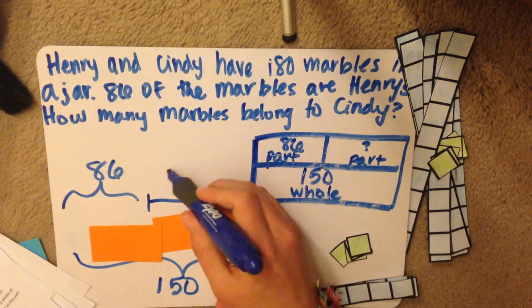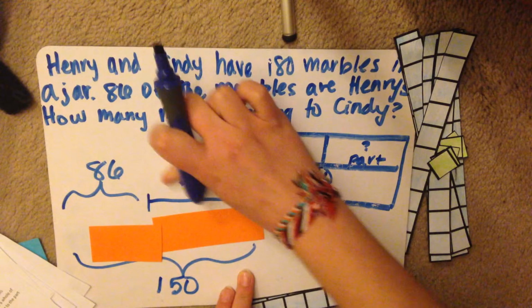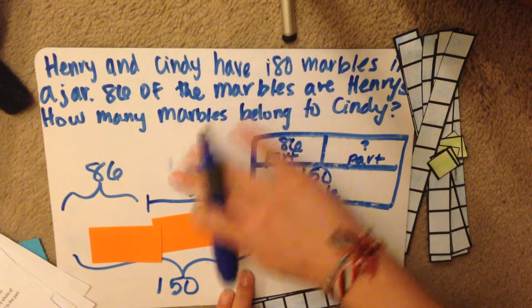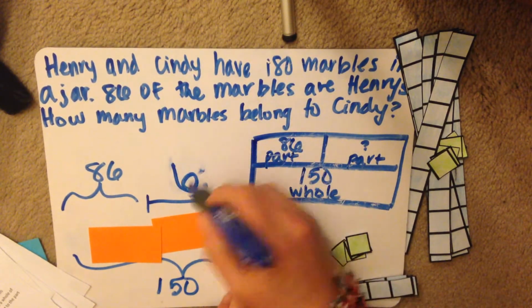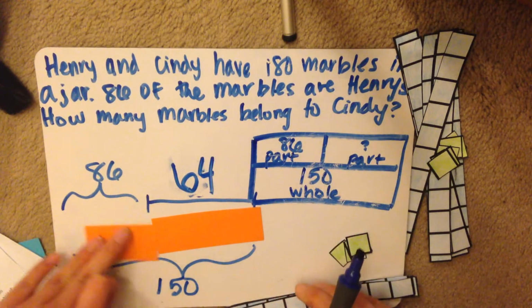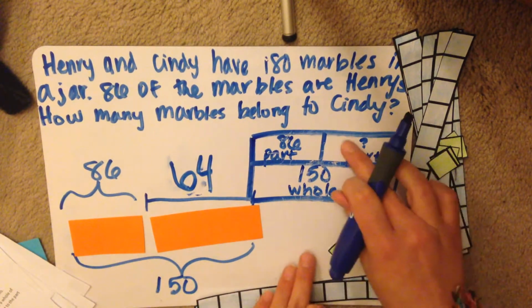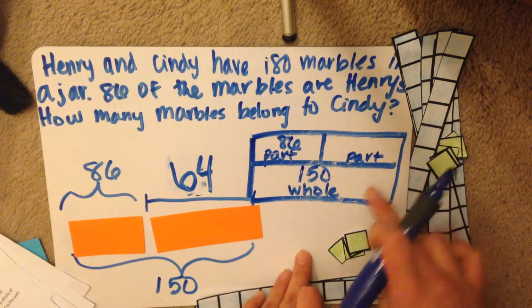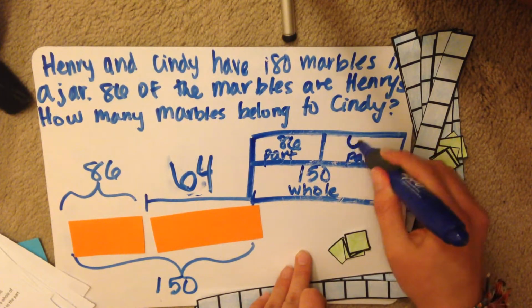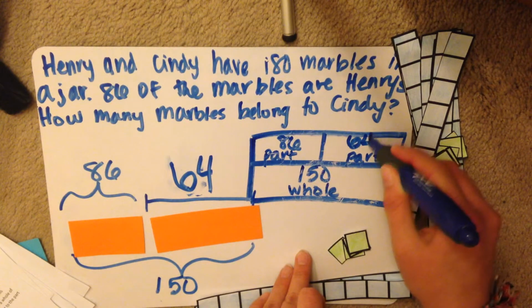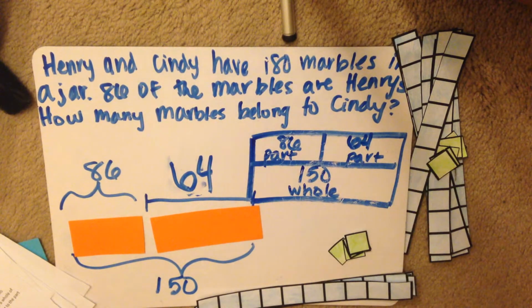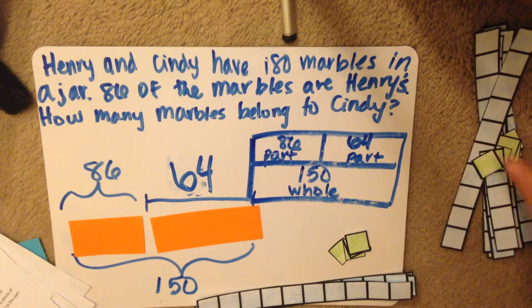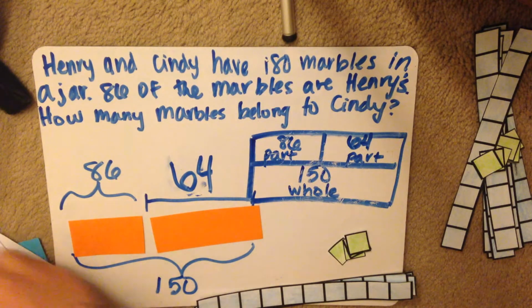We know that she has 64 marbles. I'm going to go ahead and move that up here because I know that her part of the whole is 64. She has 64 marbles. All right.